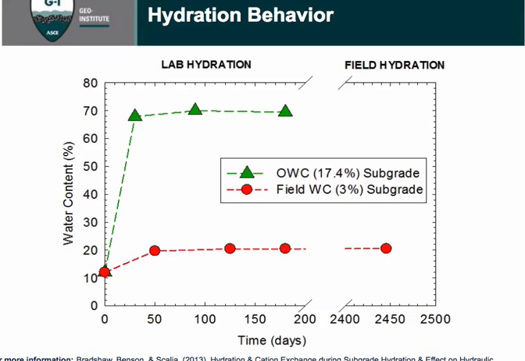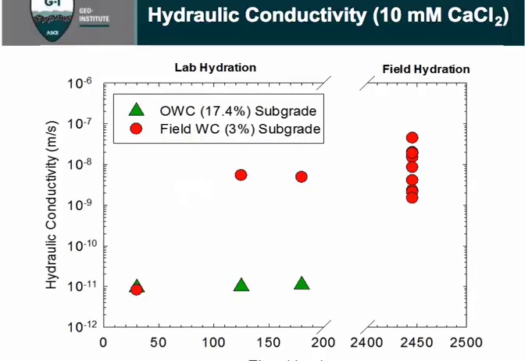And so this hydration behavior is really occurring rapidly, and we also observed that our field water content was basically mirrored by our laboratory hydration. I've got lab hydration data shown and field hydration data. And for our dry field condition, we didn't have a wet field condition, so we can't look at field hydration under wet conditions, but we saw correlation there.